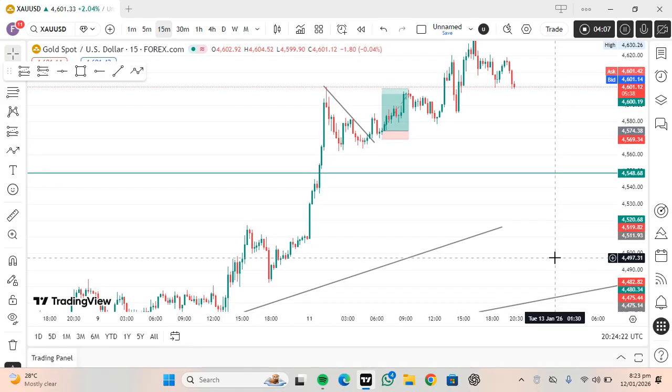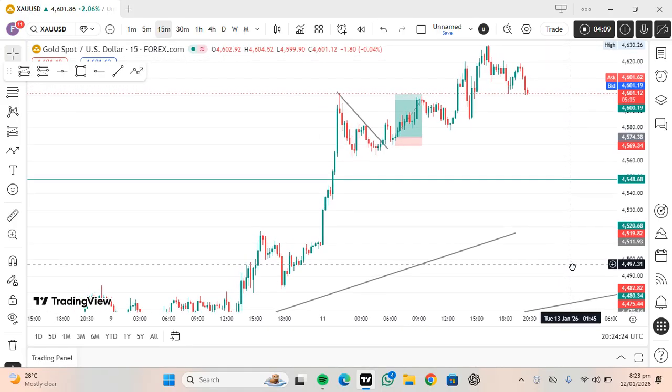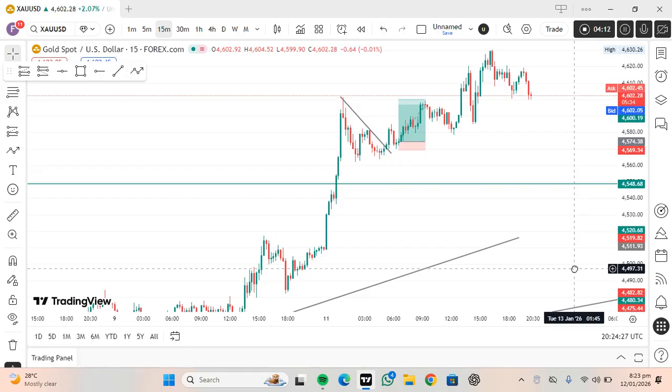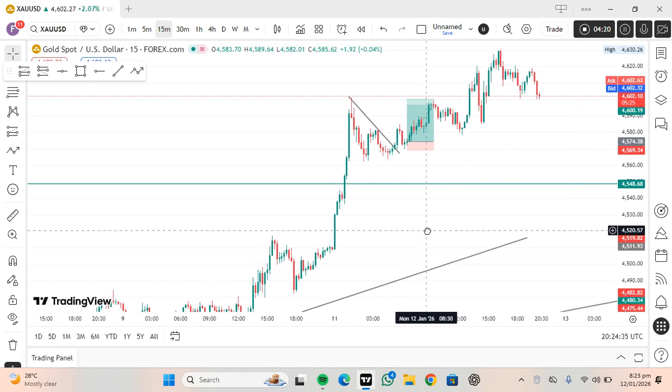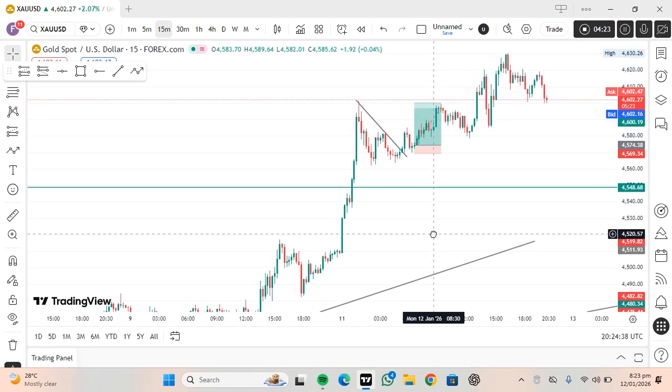But it wasn't too late because gold is a very volatile pair and it moves basically throughout the day. Even during Asian session, you can still get trades on gold. And this is what I've observed, and I've been tracking this for a while now on gold.